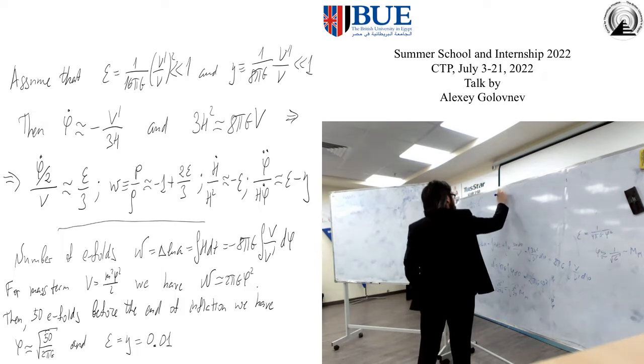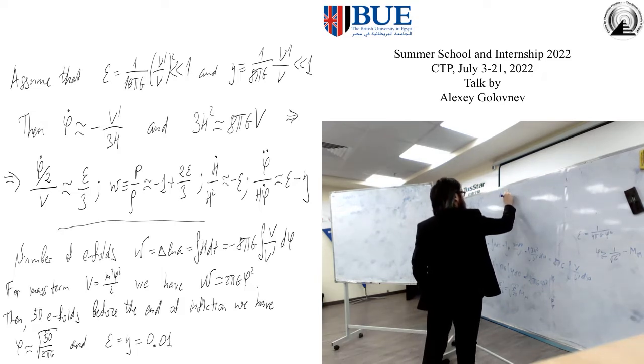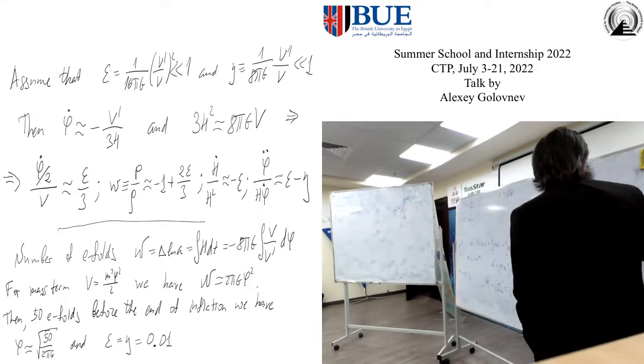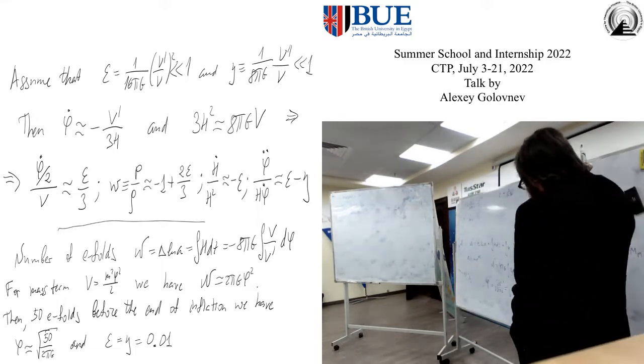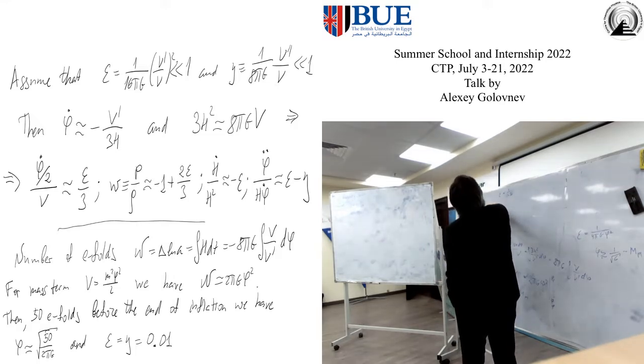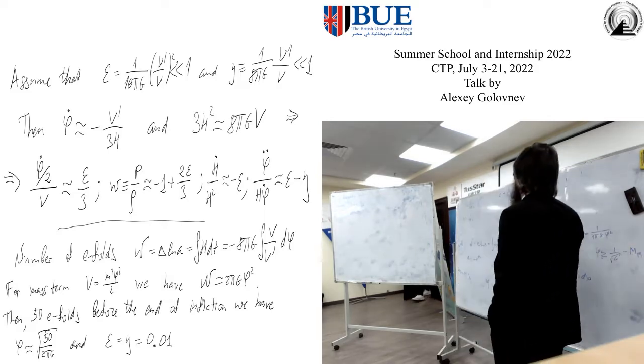Let me take epsilon. I have 1 over 16 pi G, then V prime over V, squared. Okay, I erased the V prime and V, but you remember V was m squared phi squared over 2. V prime is therefore m squared phi. And that means I have 4 over phi squared here.